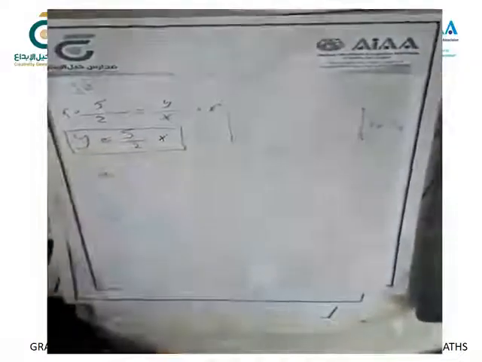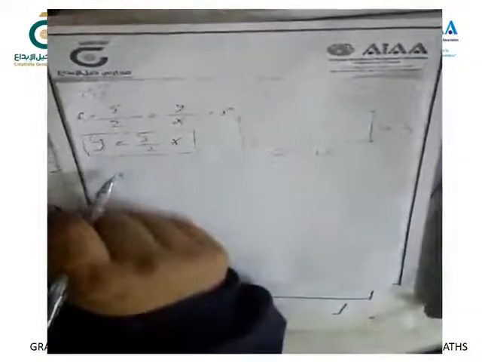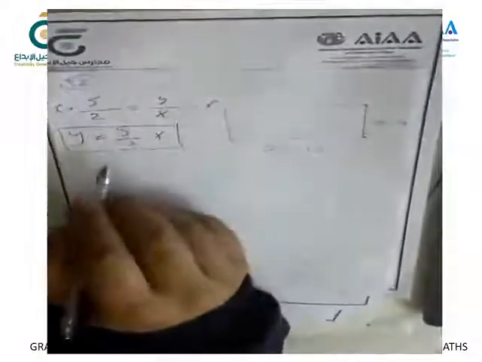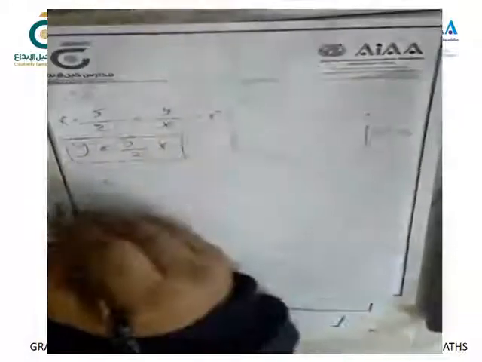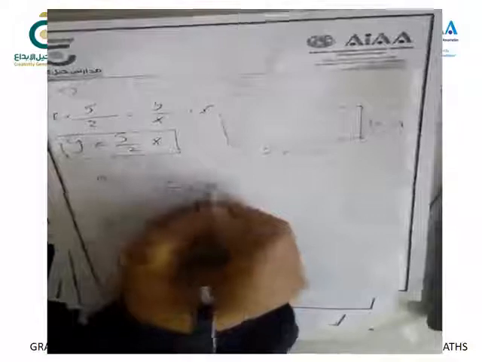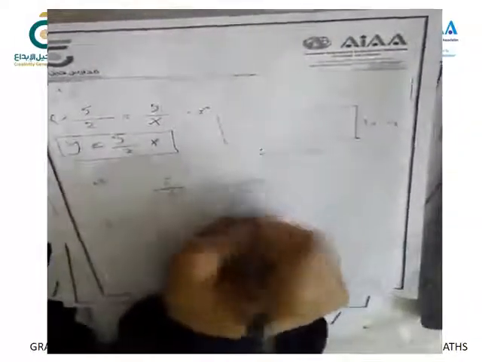Part B. What is the area of the field? The area of the real one. We can find the area of the real one by finding the real length and width. For length, we have 5 over 2 real to map, and here on the map 20.